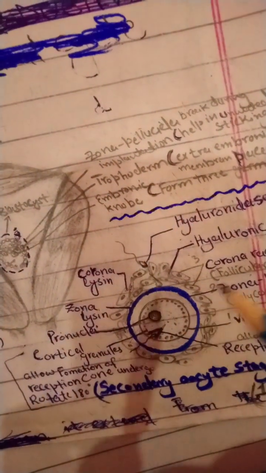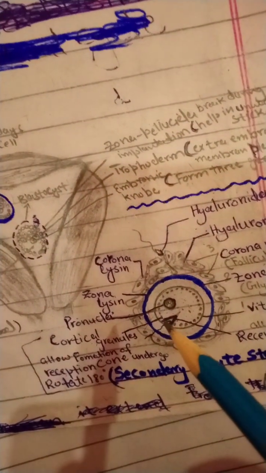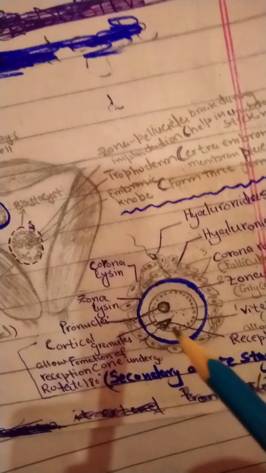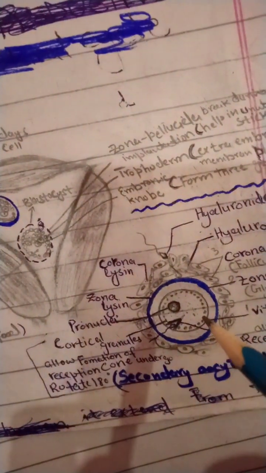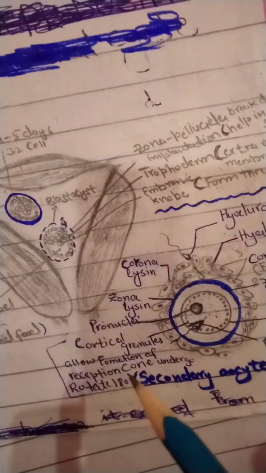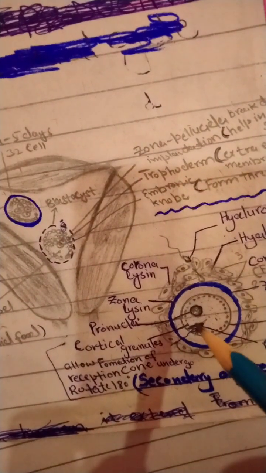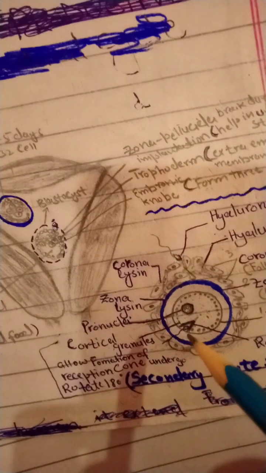So the sperm enters the vitelline membrane. The vitelline membrane consists of cortical granules. These bead-like structures are called cortical granules. These granules allow the formation of the reception cone, which receives the sperm.